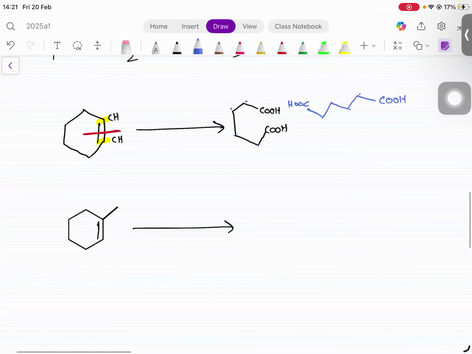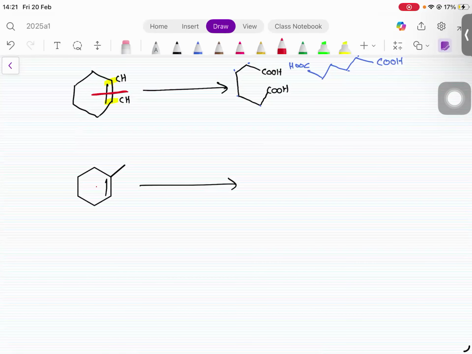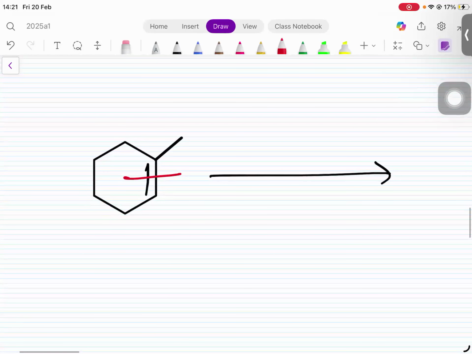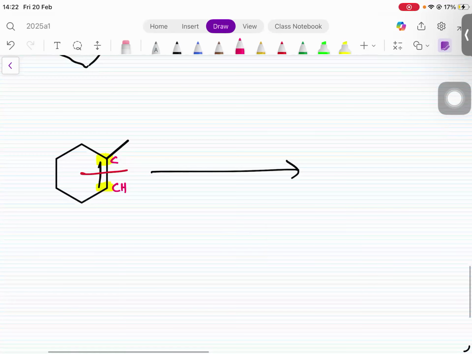For example, look, in this case, यहाँ से cut हो जाएगा. So what is this carbon and what is this carbon? जिनकी oxidation होनी है. C or CH. ये C है और ये CH है. So C turns into C double bond O, so यहाँ तो C double bond O होगा.